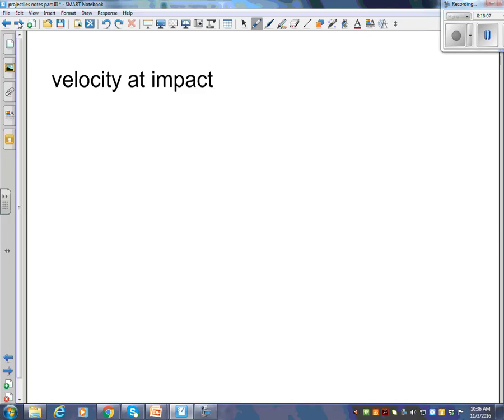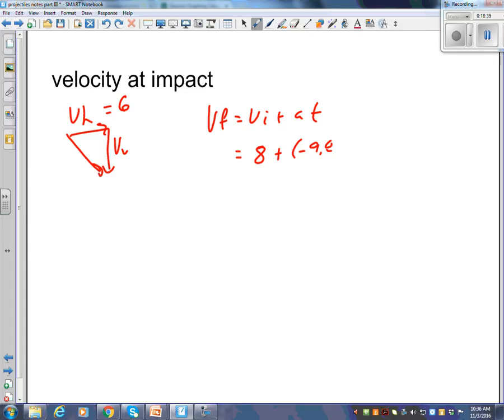Velocity to impact. How fast is it going at impact? Well, it's made up of that horizontal component and the vertical component. The horizontal component remains constant, 6. So what is the vertical component? It is the final velocity given an initial velocity and an acceleration at a certain time. The initial was +8 up vertically, plus minus 9.8, and our time was 9.89.